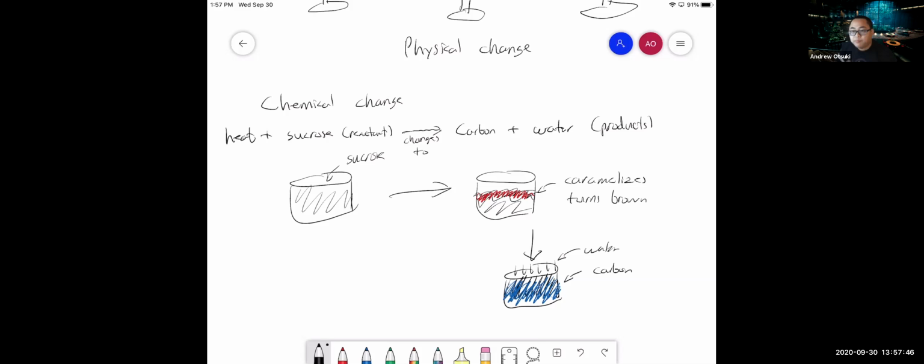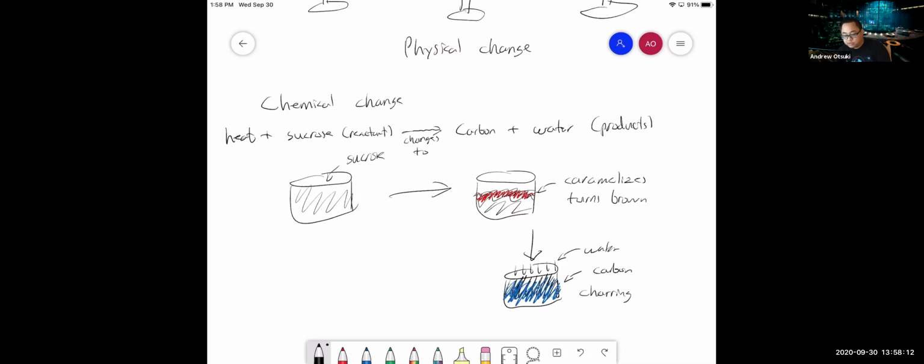Burning any carbon compound will get you back to its elemental form, which is pure carbon, or soot, pure black carbon. So it'll cause charring, which is that black carbon residue, and then release water vapor. So this is an example of a chemical reaction.